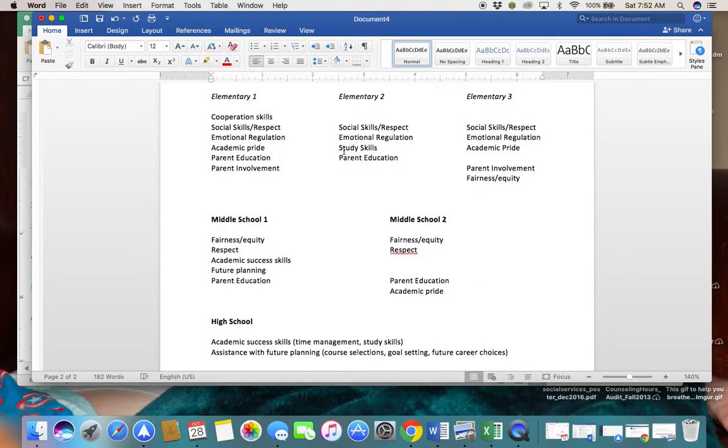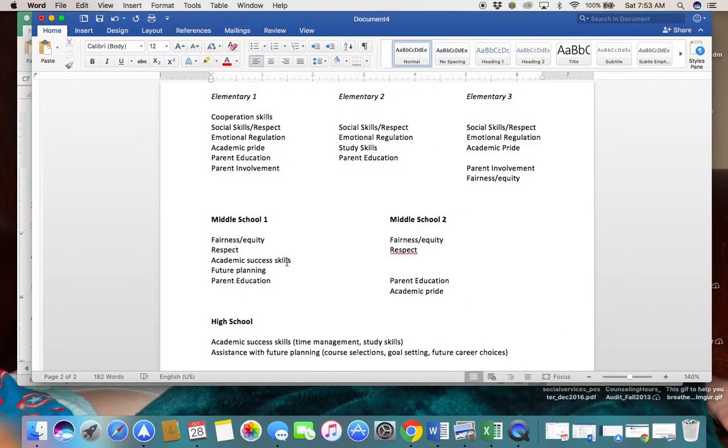We see pretty typical emotional regulation here in elementary school. Again, same thing, that if we develop these skills and achieve these student outcomes at elementary, hopefully they're in place in middle school and high school, and we don't have to focus too much on it. We had a pretty strong theme for some academic pride, and I'm kind of putting study skills in here, that if you have effective study skills, then you're going to feel good about your work.